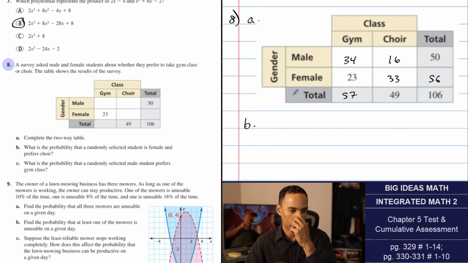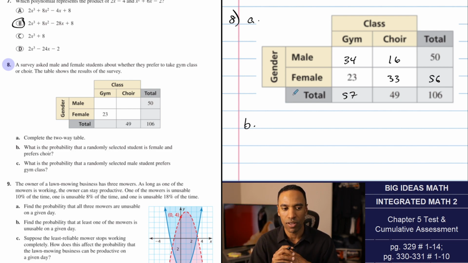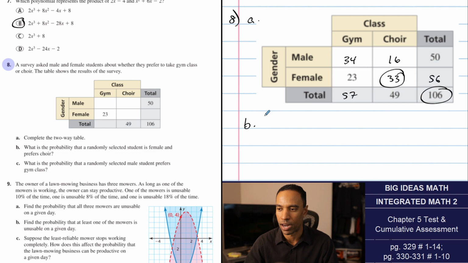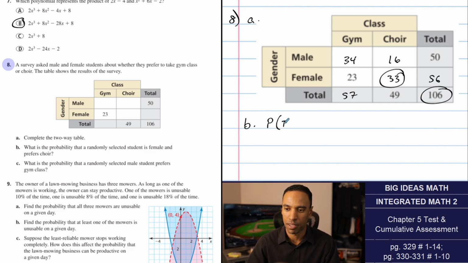Part B, what's the probability a randomly selected student is female and prefers choir? So female and prefers choir is the 33 out of the 106. Probability female and choir is 33 out of 106. Going to be close to 30%.